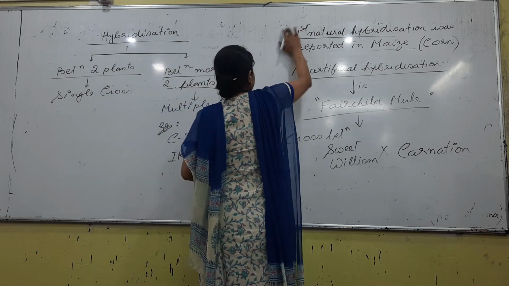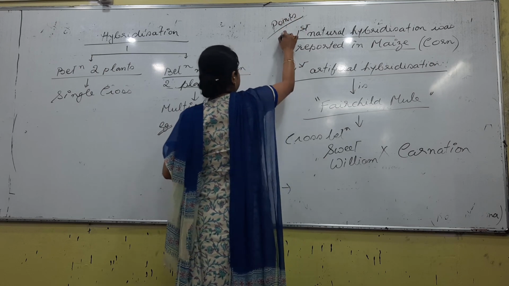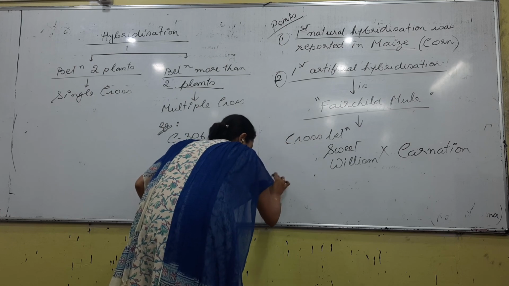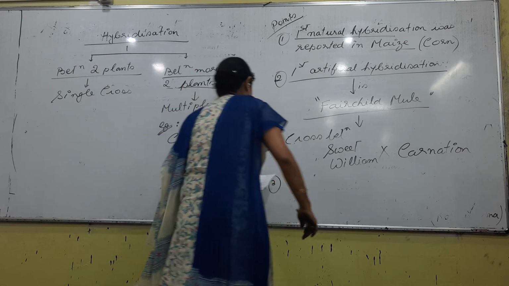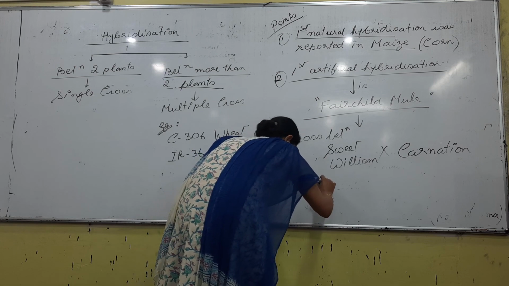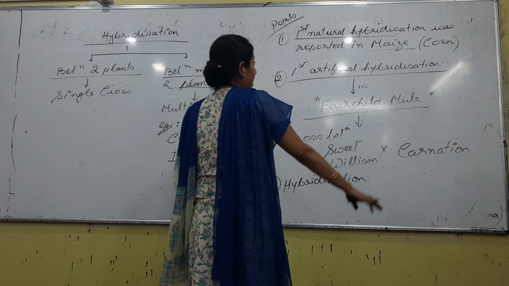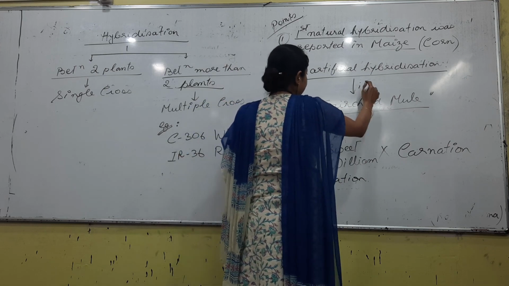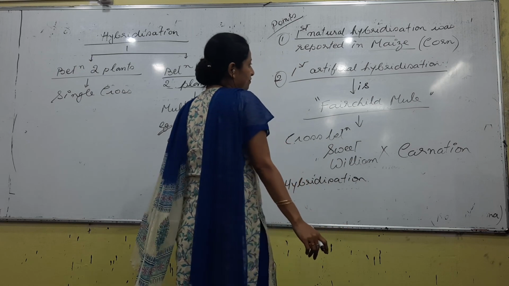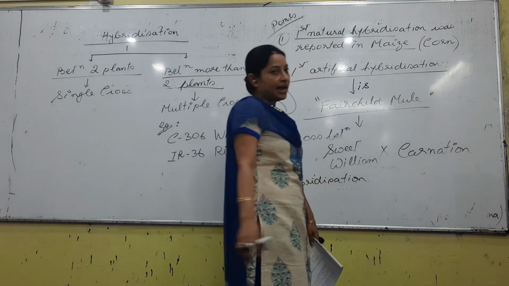এখিনি পইণ্টছ বুলি লিখিব পাৰা. Artificial hybridization, the first product of artificial hybridization, right? তোমাক কৈ আছে, লিখি লোৱা এটো.